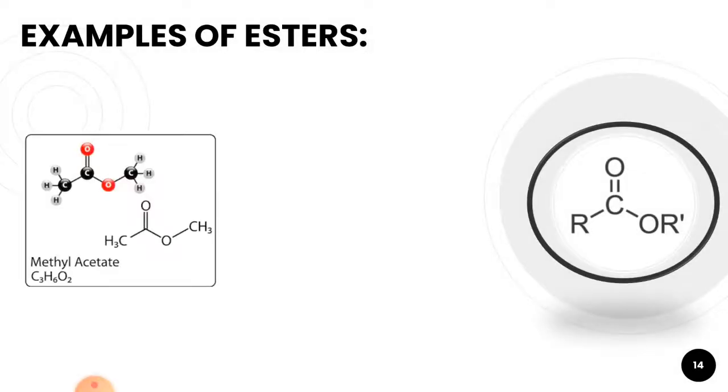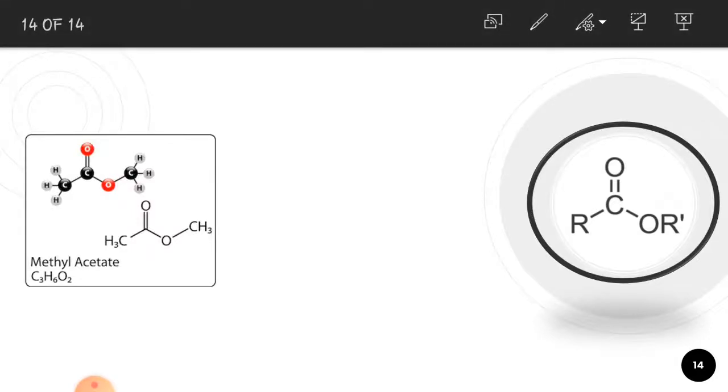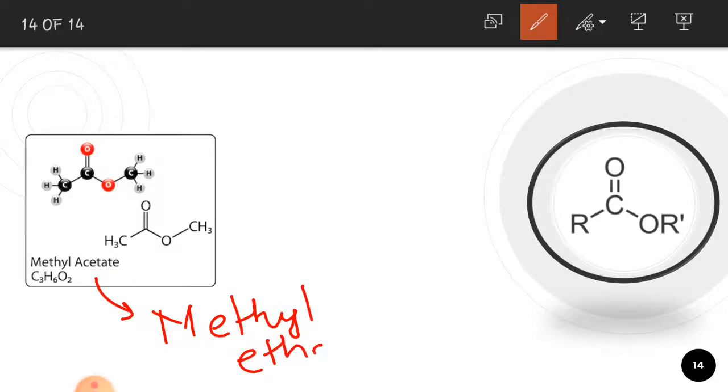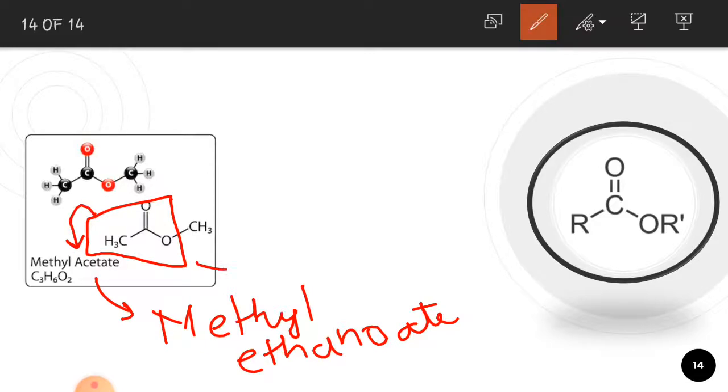Examples of esters include methyl acetate. This methyl acetate is also called methyl ethanoate. This group is called acetate or ethanoate.